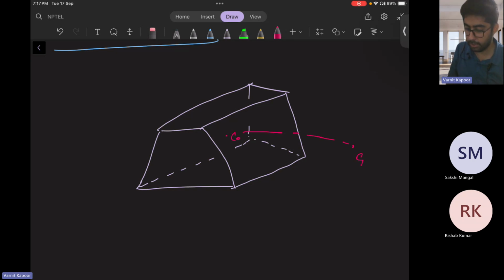So this is aligned with, suppose, beta equal to constant. Okay. And suppose these are the coordinates with A and B, and these are the coordinates with C and D.